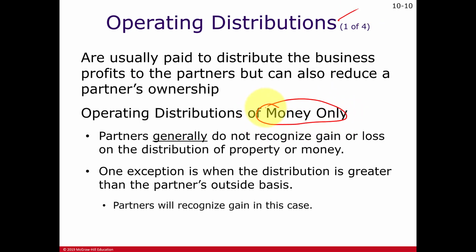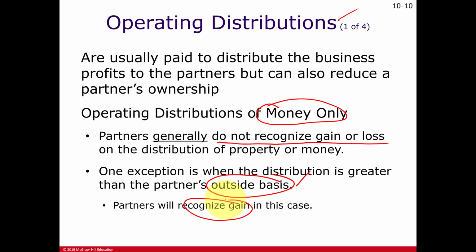Here, the distribution of cash from the partnership to the partner usually does not have any gain or loss being reported by the partner. All we're doing is reducing the basis of the partner's interest in the partnership. Only when the money received by the partner is bigger than this basis, any excess is going to be reported as a gain.